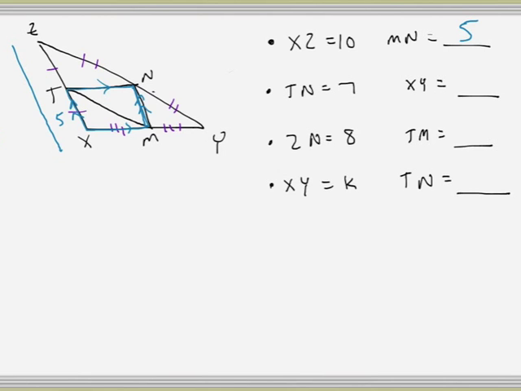The next one says if TN is 7, then how big is XY? 14. Because the median segment should be equal to half the length of the segment it is across from. The next one says if ZN is 8, then how big is TM? 8.